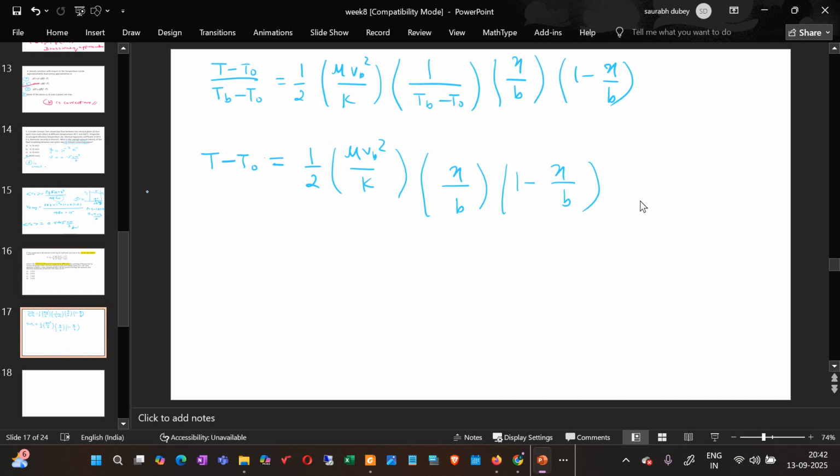Okay. So now T minus T0 is maximum when x equals xb. From the geometry we can see that at the midpoint it will be maximum. How?